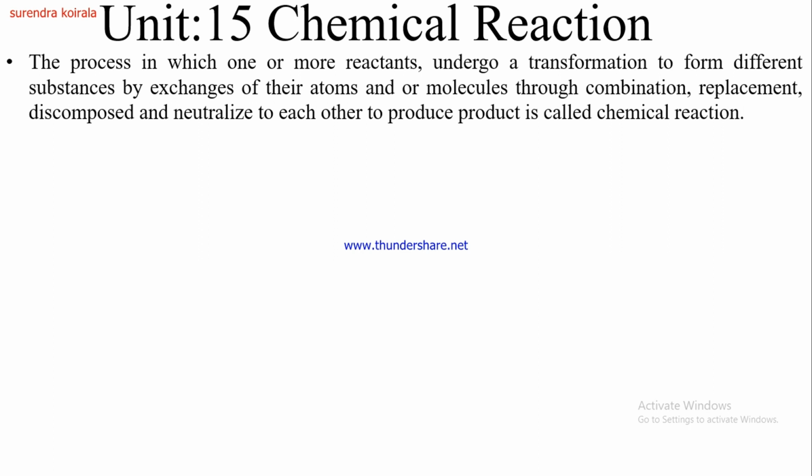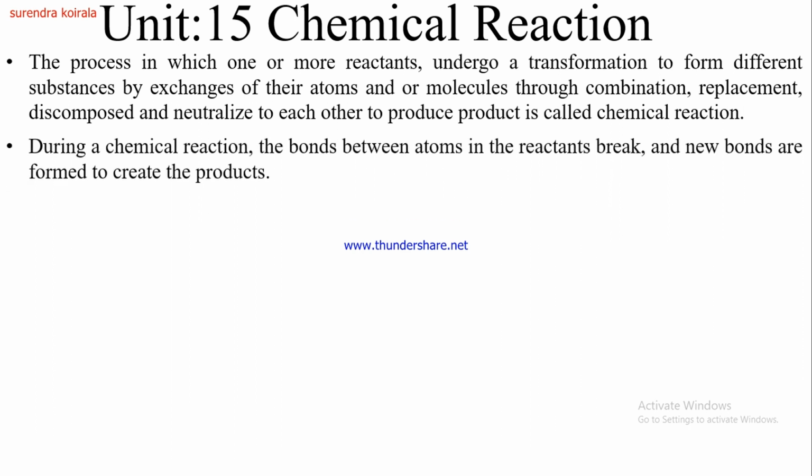During chemical reactions, the bonds between the atoms in the reactants are broken, and sometimes new bonds are created. A bond is the binding force of attraction between atoms, groups of atoms, molecules, and compounds, which binds them for the stability of complex substances. So all kinds of complex matter are formed through these chemical reactions.